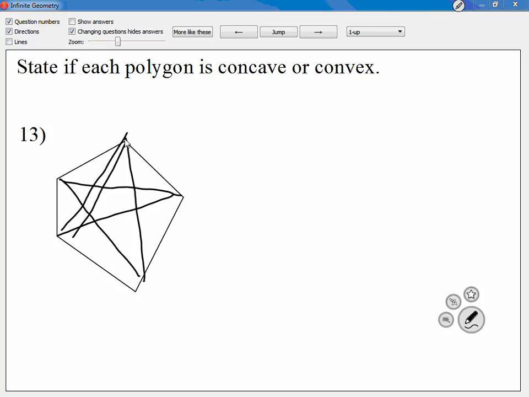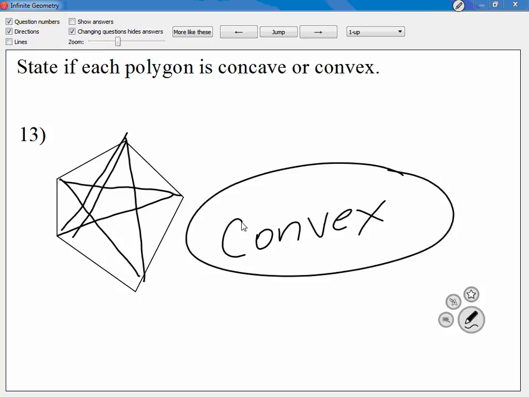All my diagonals are inside, so I was not able to prove that it's concave. So I'm going to call this convex. If one diagonal goes out, then concave. If I'm not able to prove it concave, then it's convex. Any questions up until 16?